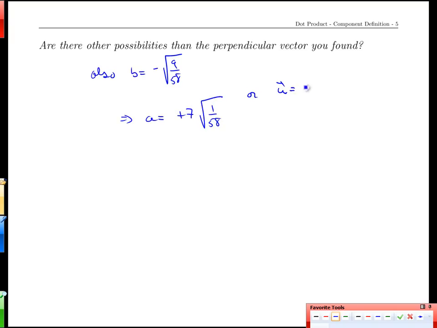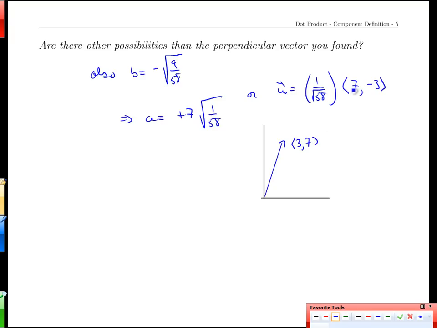and that would have been another vector of 1 over root 58 times, in this case, the a was first, a was the x, so 7, and then negative 3 for our other vector, and that would have looked like, here's our 3, 7 again.